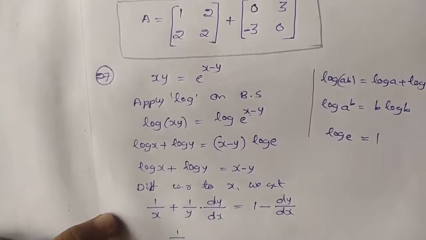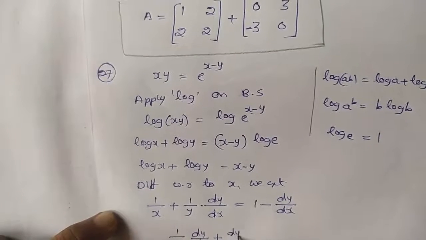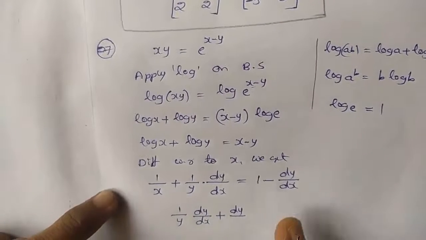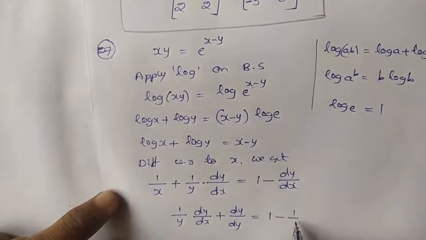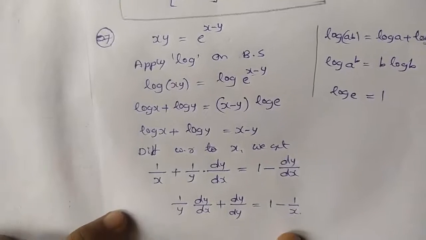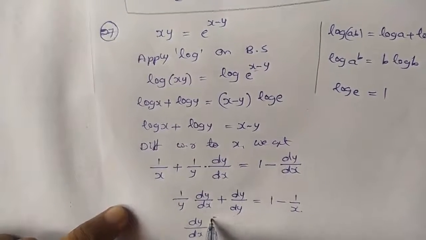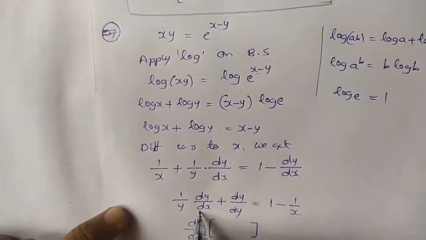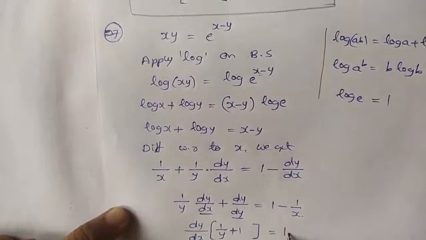So 1 by y into dy by dx plus dy by dx equals 1 minus 1 by x. Now take dy by dx common in the left side, then 1 by y plus 1 equals 1 minus 1 by x.